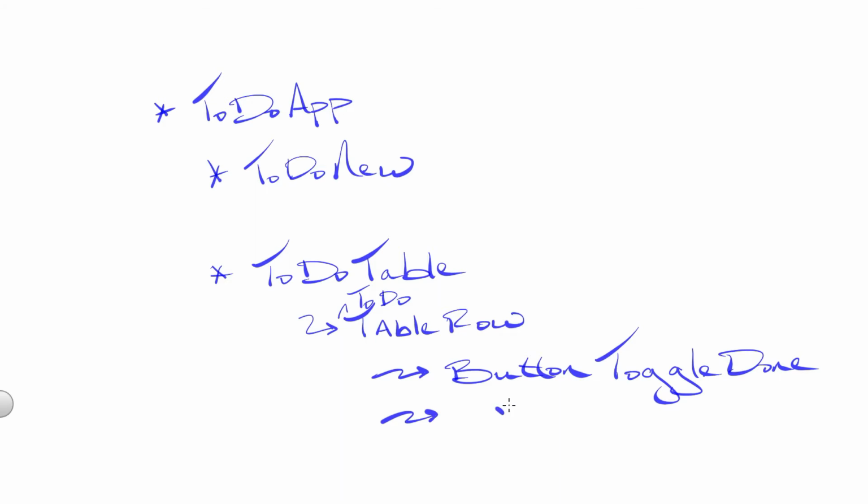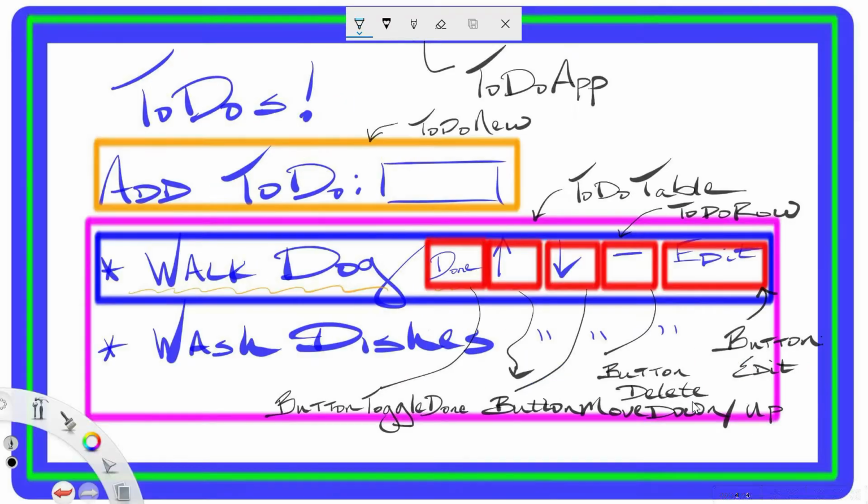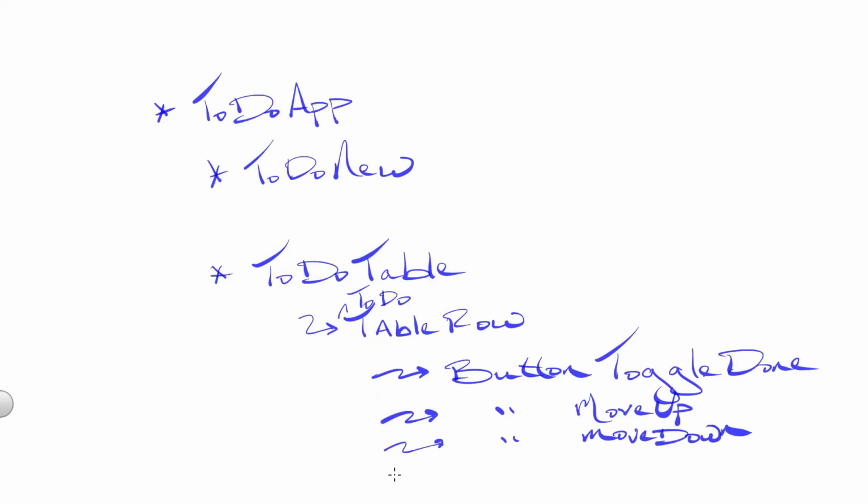And button move up. Button move down. What else? Delete and edit. I'm running out of space. Button delete, and they will be separate, but since I'm out of space, I'll just pop it here.